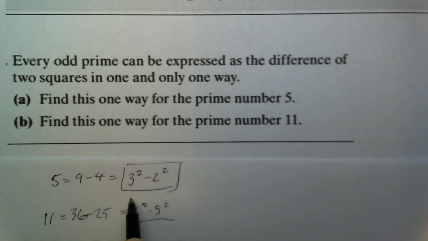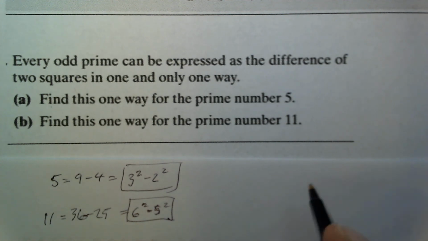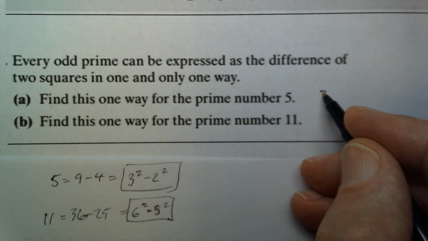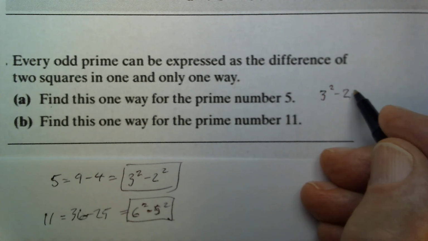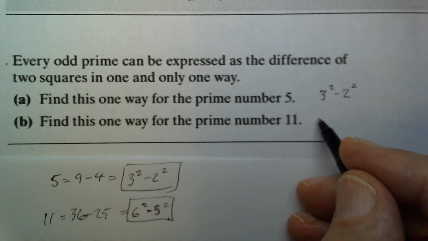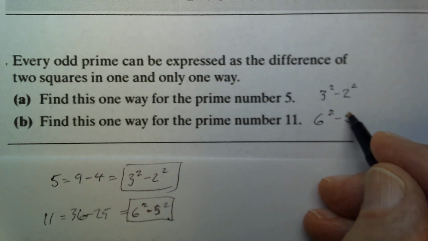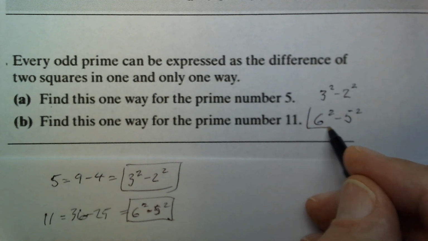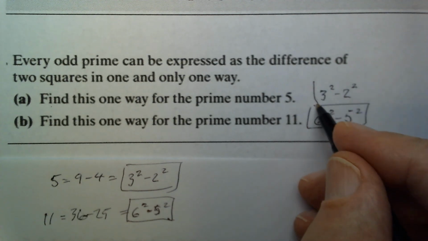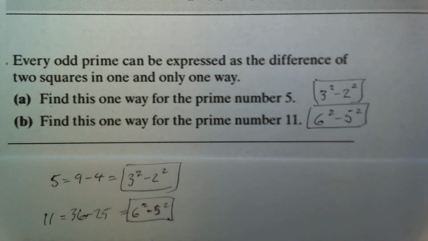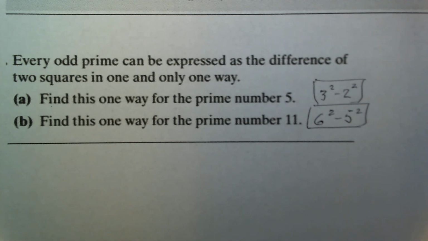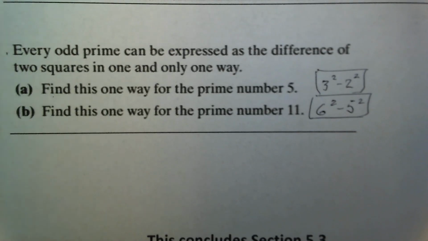So it's a unique representation, the difference of 2 squares. In other words, 5 is 3 squared minus 2 squared, and 11 is 6 squared minus 5 squared. And this concludes section 5.3.